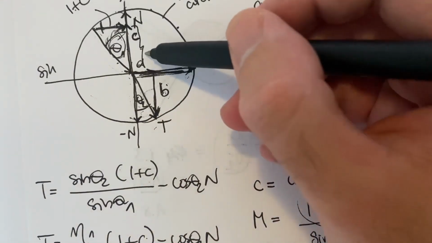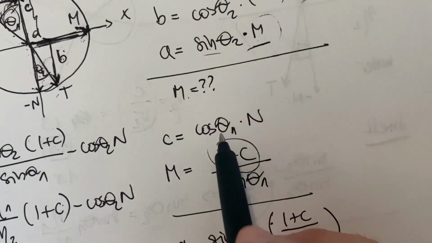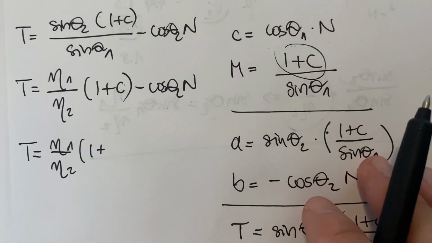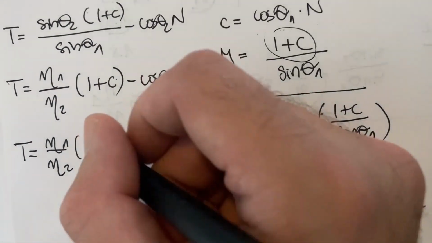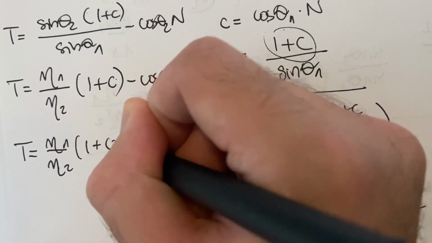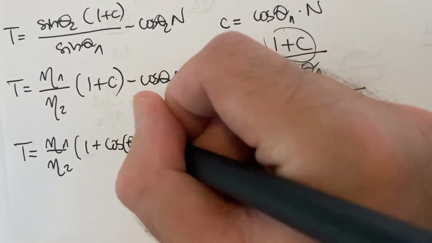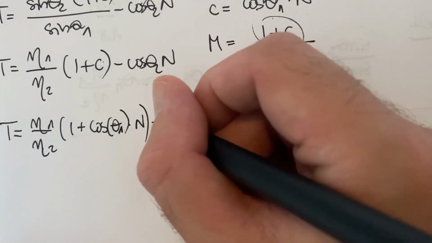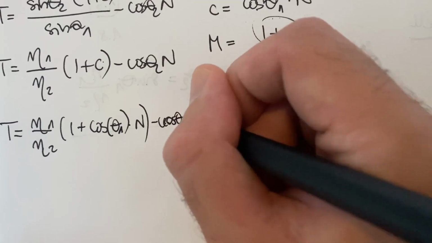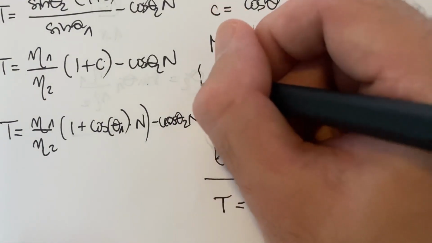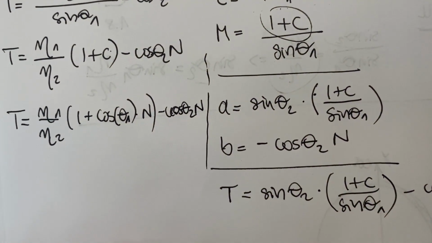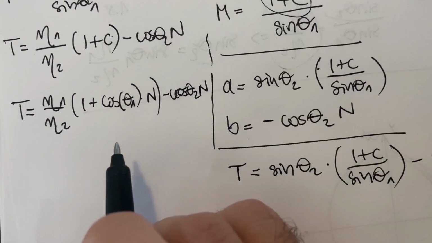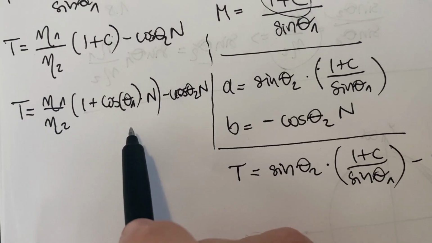If you go back here, we said before that c is cosine theta 1 times n. So let's try actually replacing the c with that. Cosine theta 1 times n. Cool. And then minus cosine theta 2 n. Oof, it's getting messy. Let's see if we can clean it up more.